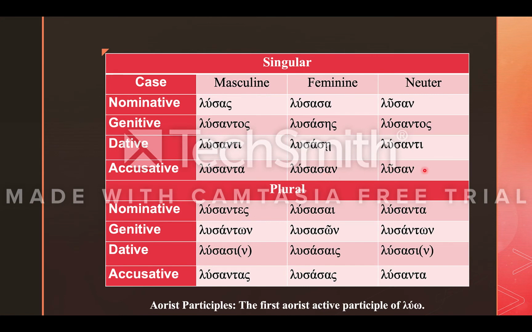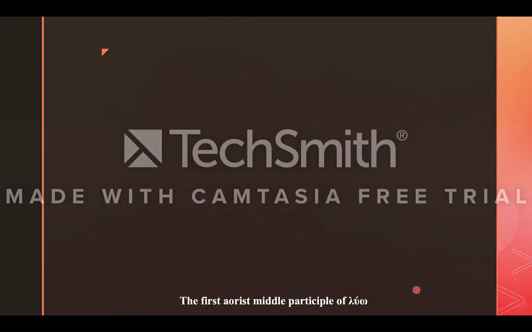Lusanta, lusasan, lusan. And the plural, lusantes, lusasai, lusanta. Lusanton, lusason, lusanton. Lusasi, lusasais, lusasi. Lusantas, lusaseas, lusanta. So look at this paradigm and study it so that you'll be able to write any other word like this.